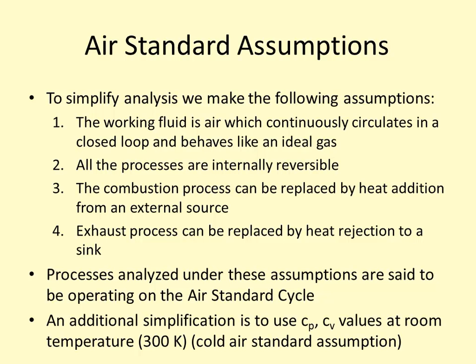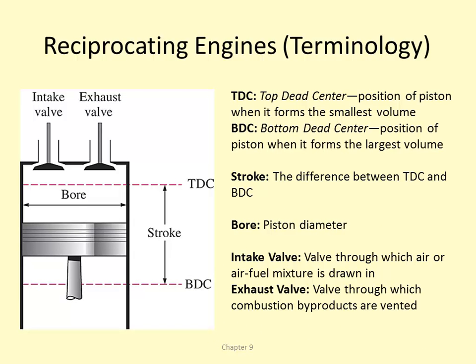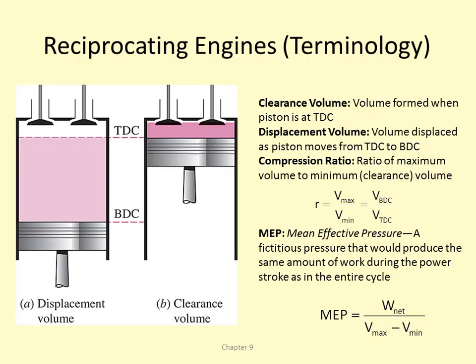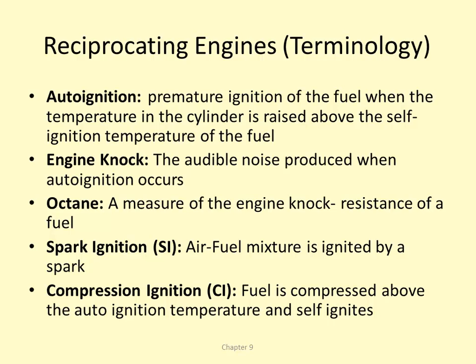All the processes are internally reversible, and then we replace combustion with heat addition and replace exhaust with heat rejection. So that was deemed the air standard cycle. And this is mostly definitions and terms from this section, so you need to know all of these definitions and terminology.